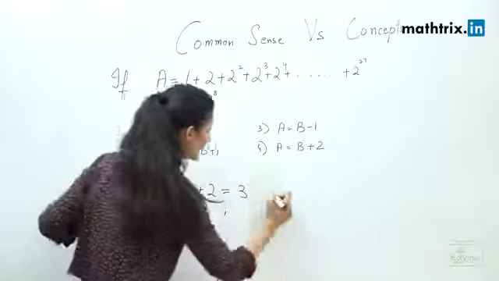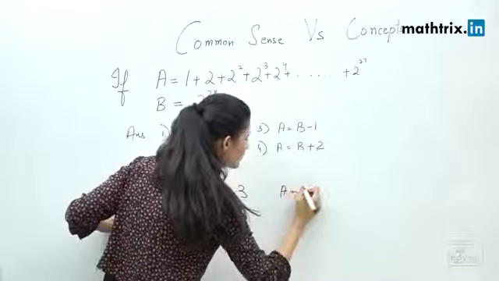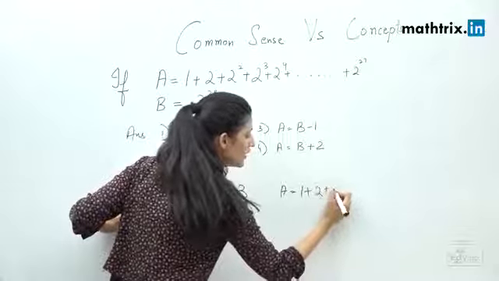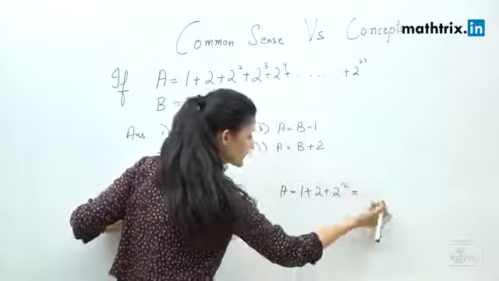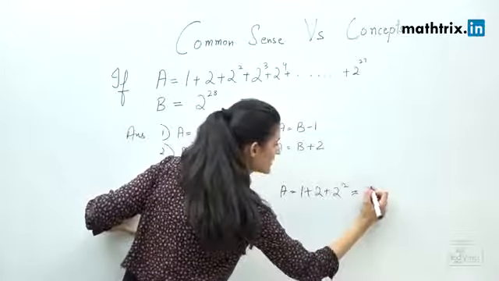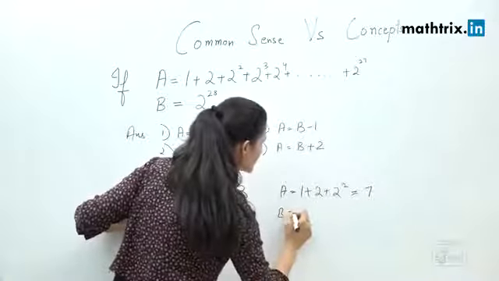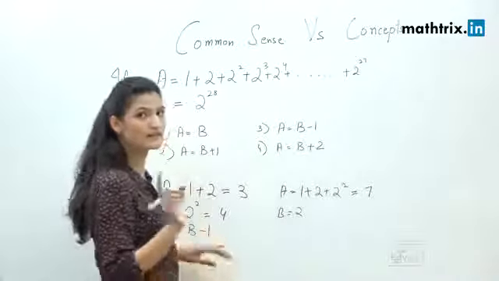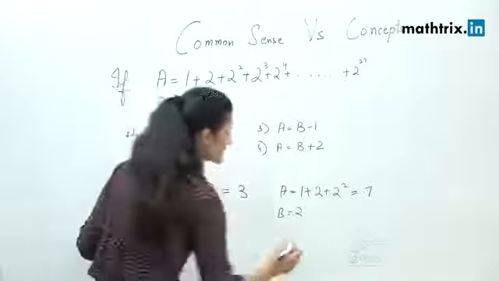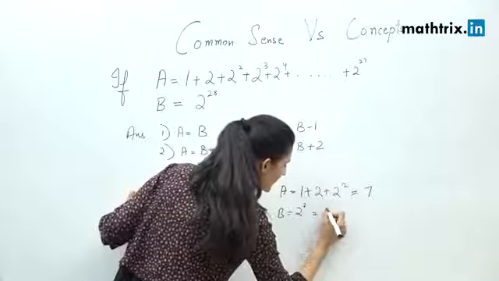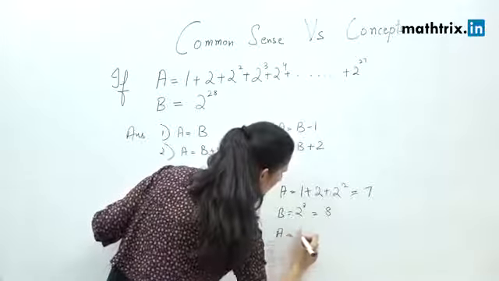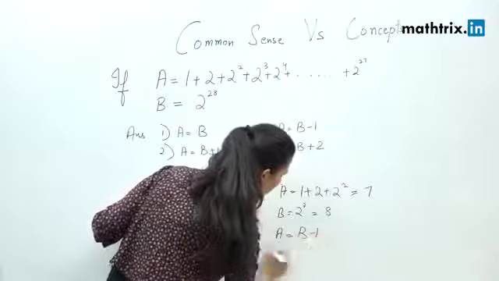If we take 3 terms, then A is equal to 1 plus 2 plus 2 square, which is nothing but 7, and B is equal to 2 raised to the power 3 because we are taking 3 terms, which is nothing but 8. So A is equal to B minus 1.